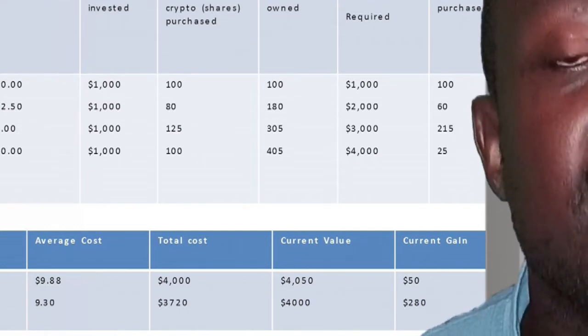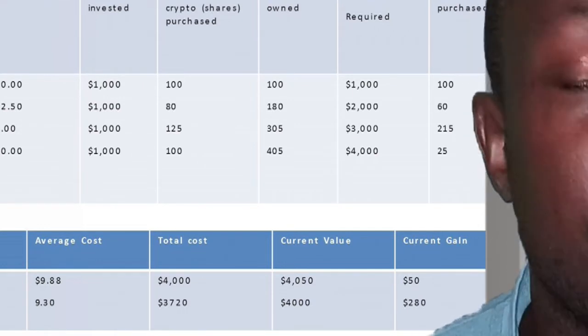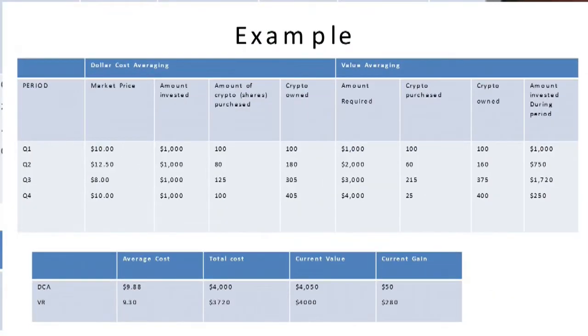The person who's doing value averaging got more, which is 215. However, the other person got 125. So you can see the gap in profits there. So, what are we saying in conclusion?